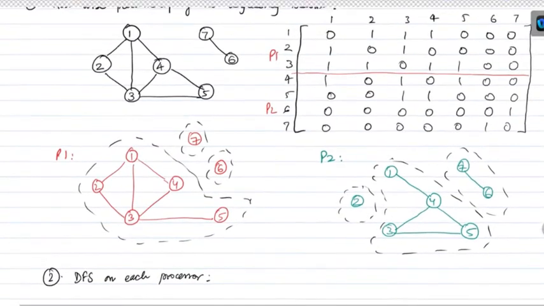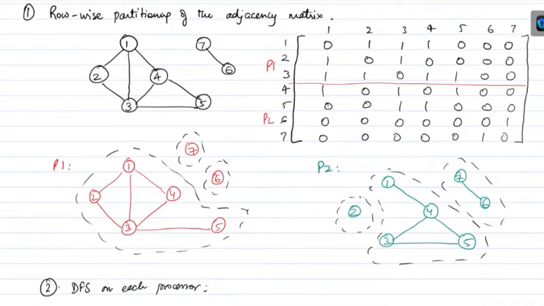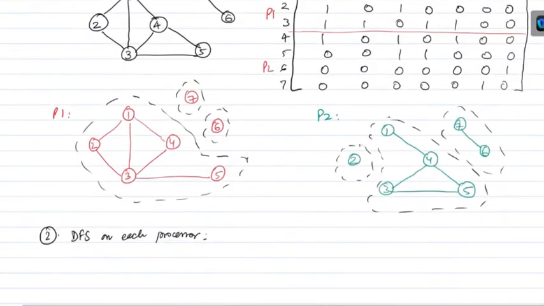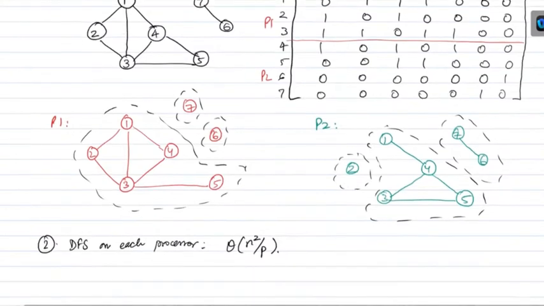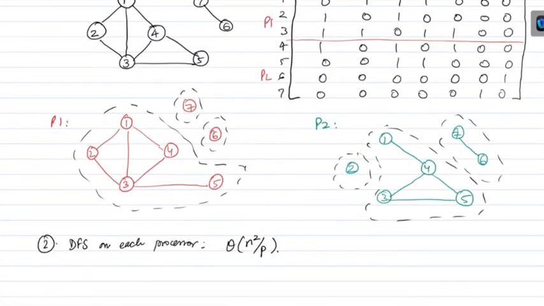So this is an n cross n matrix, that's n square entries, but they're divided over p processes. So it's going to be theta n square by p. Is that clear? Theta n square is the size of the adjacency matrix. And since we divide it almost evenly amongst the processors, the number of entries on each processor is theta n square by p. Okay.